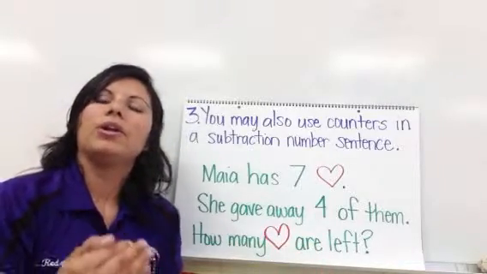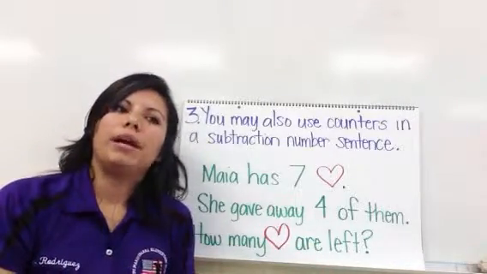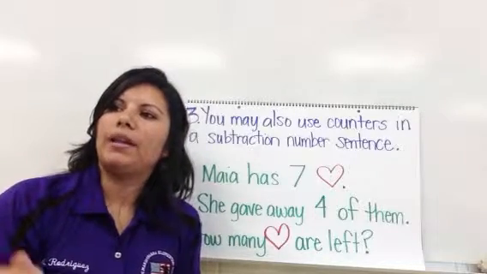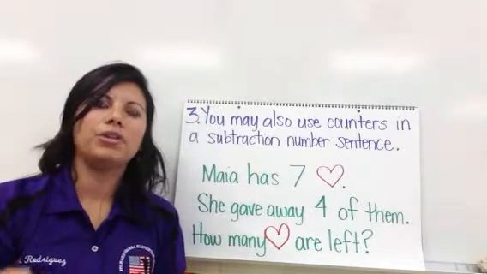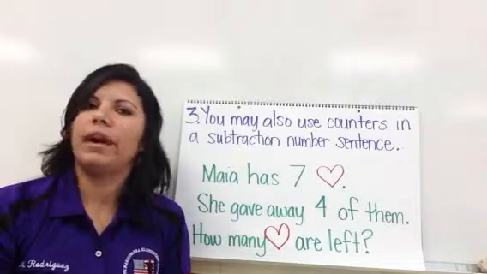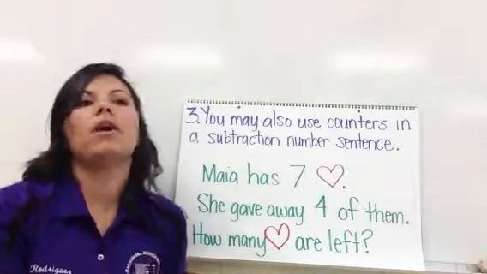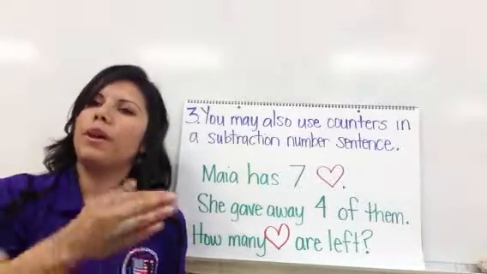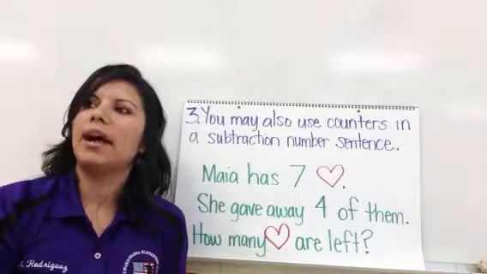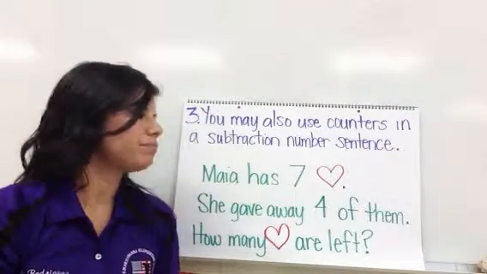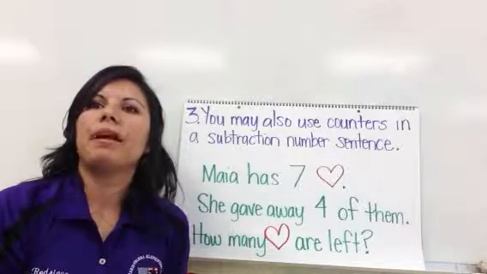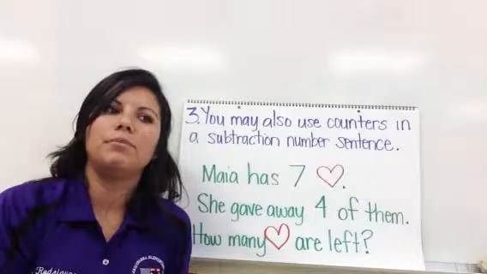So again, you put it in your mind, right? And then you transfer it onto your paper and you draw your 7 hearts. So you have to remember, Maya gave away 4 of them. So you can cross out 4 of those hearts. Whatever you have left over and didn't cross out, that would be your answer. So these are 3 different methods that you can use, boys and girls, when it comes to subtraction.